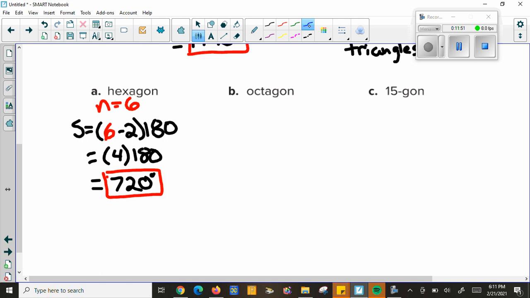For an octagon, there are 8 sides. So I'm going to take my equation and instead of n, I'm going to replace it with 8.